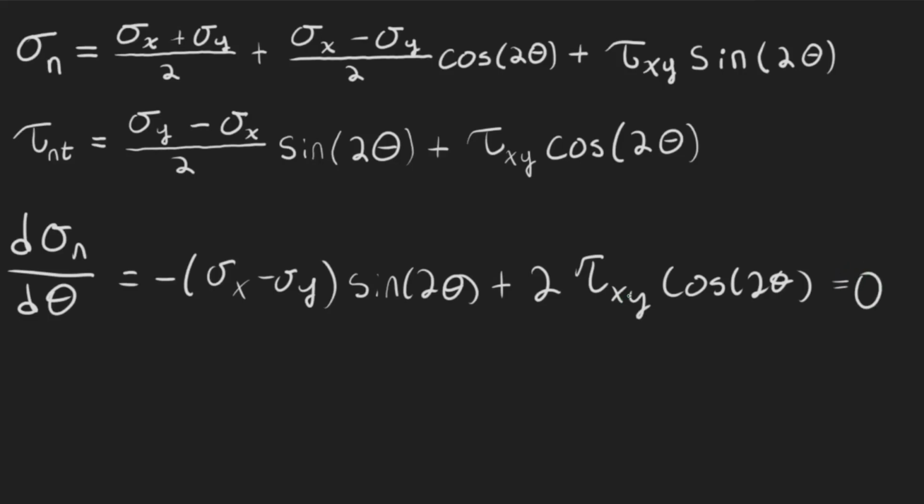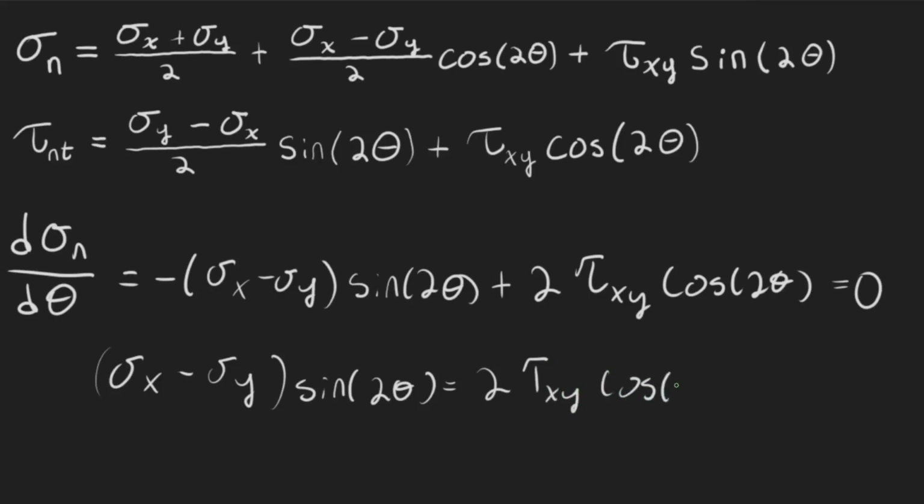What we can do is add things across. So we get that sigma x minus sigma y times sine of 2 theta has to equal 2 times the shear times the cosine of 2 theta.